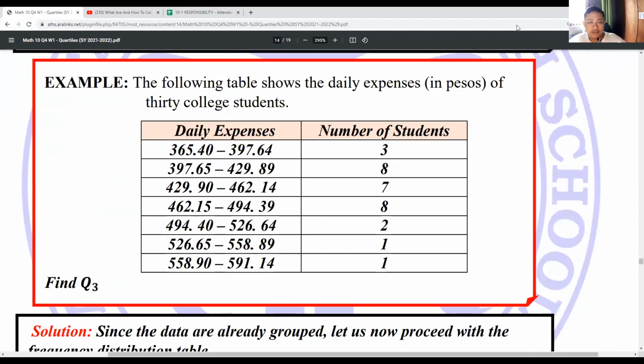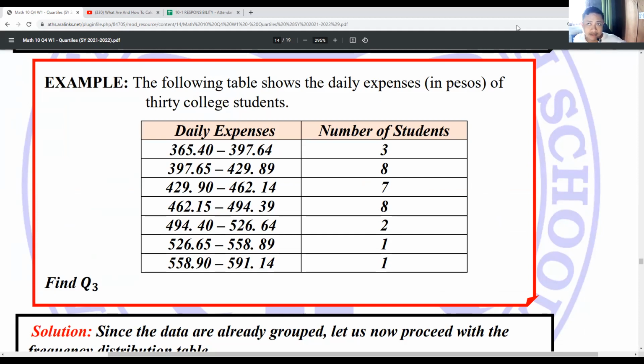The following table shows the daily expenses in pesos of 30 college students. So ito yung mga expenses nila. So there are times wherein the data are already organized for you.